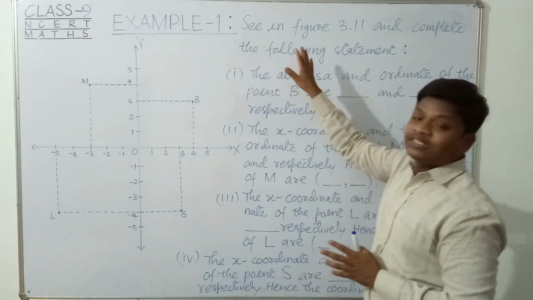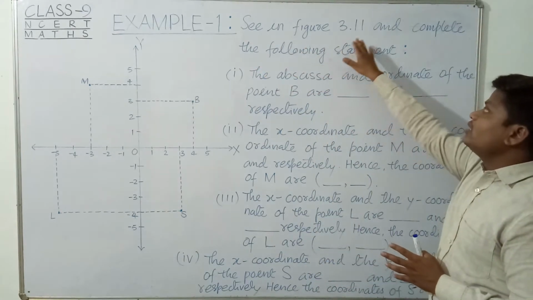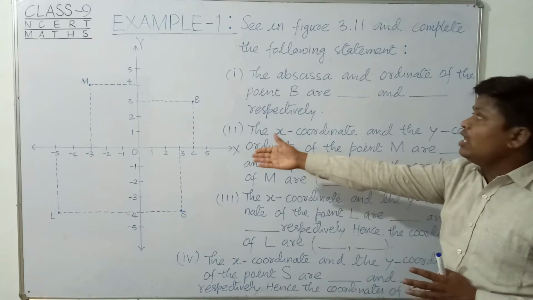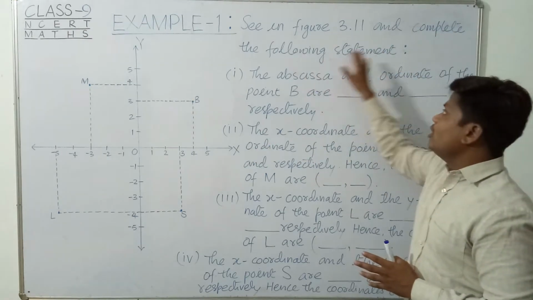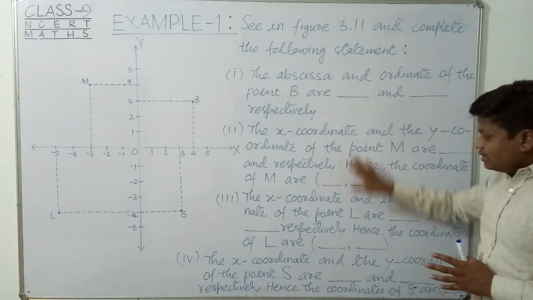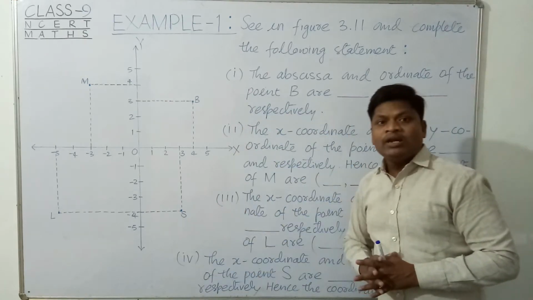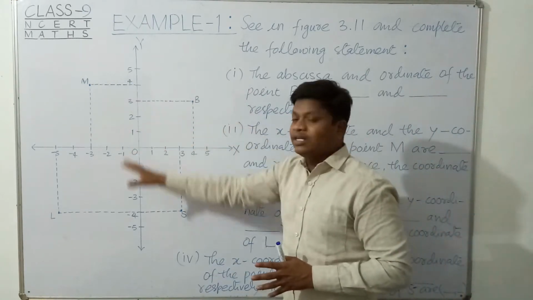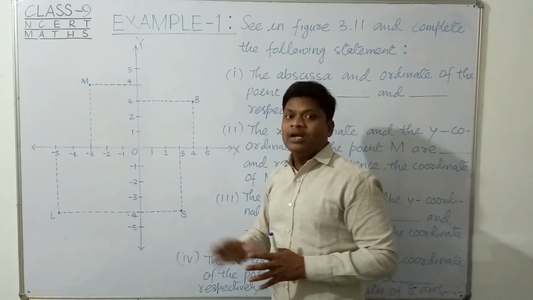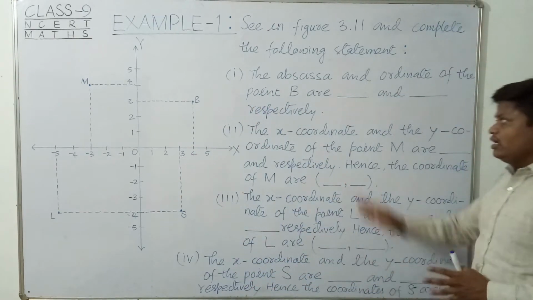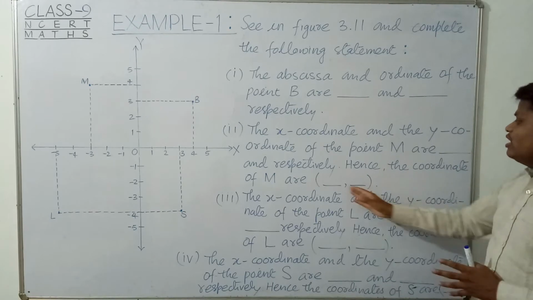Here they are saying: see figure 3.11, and complete the following statements. Here you can see the 4 statements, statements 1, 2, 3 and 4, and by observing this graph or the Cartesian plane you have to write the answer. There are some fill in the blanks.